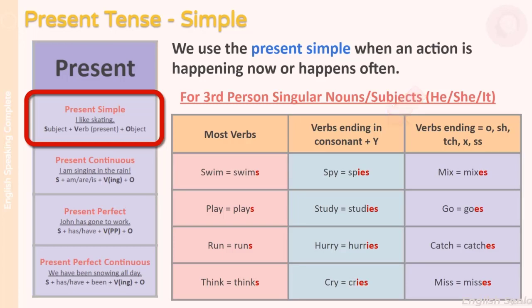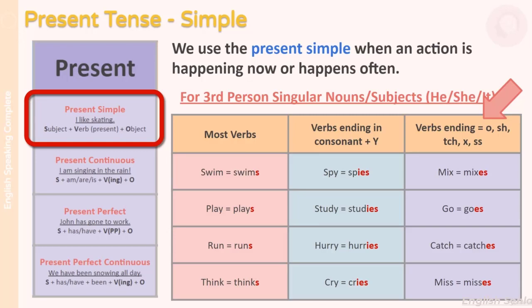So on top of that, we also have a different spelling for verbs ending O, SH, TCH, X and double S. So mix would become mixes. David mixes the ingredients together. So that's still present simple tense. I just need to change mix, the verb in the sentence, to be a different form, mixes.